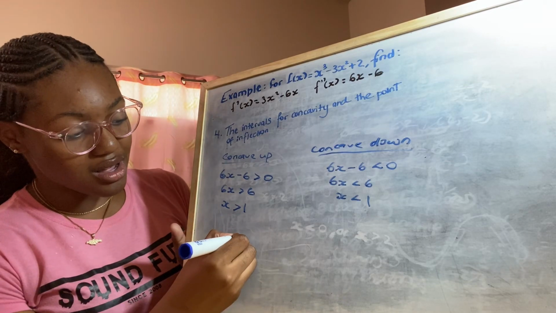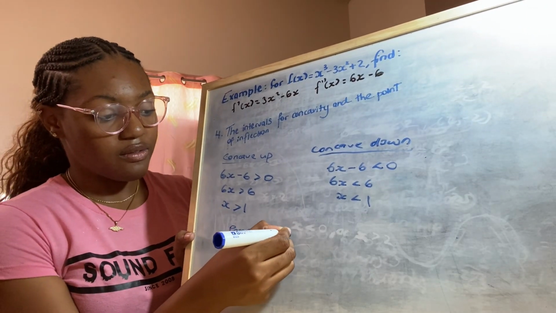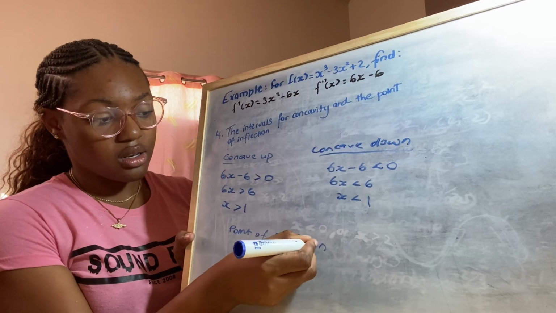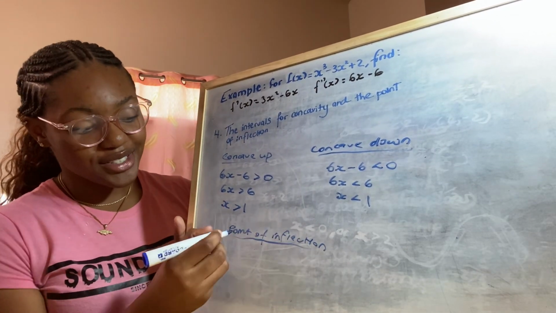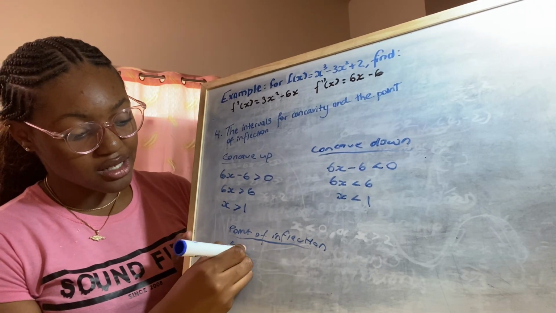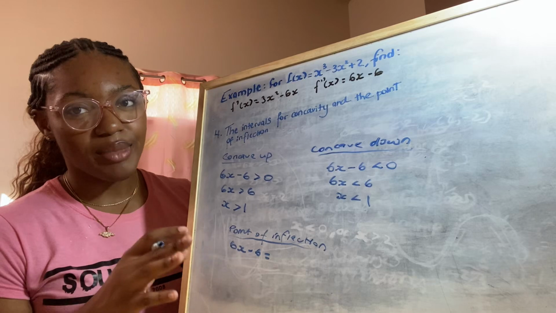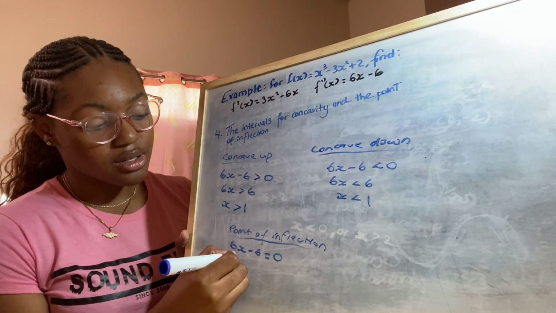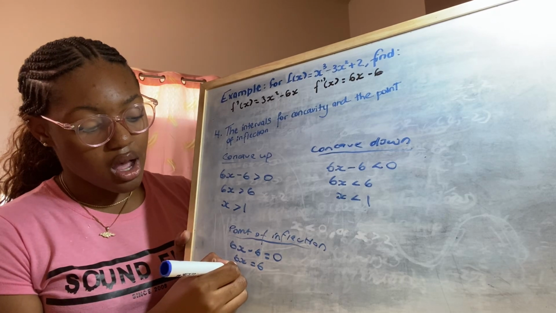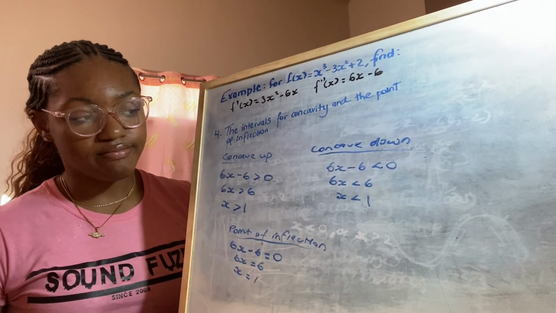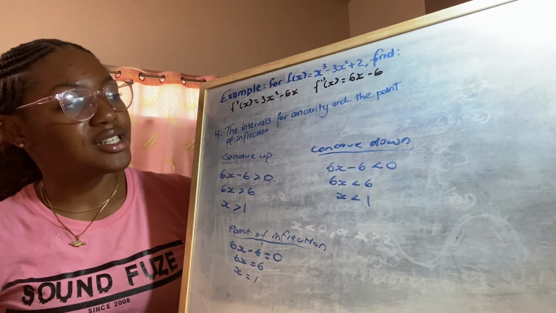For the point of inflection, we have 6x minus 6 is equal to 0, 6x is equal to 6, x is equal to 1, as expected.